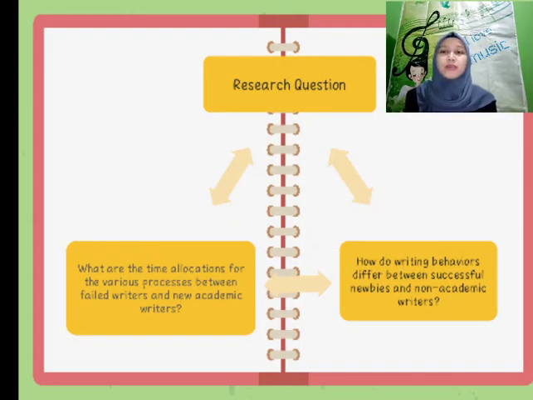And the next one is about research questions. For the first, what are the time allocations for the various processes between valid writers and new academic writers? The researchers adapted Flower and Hayes' 1981 model, which described writing as the interaction of three basic processes: planning, translation, and review, which is based on the time allocation between successful writers and unsuccessful novice writers.